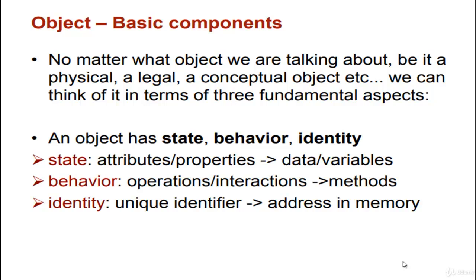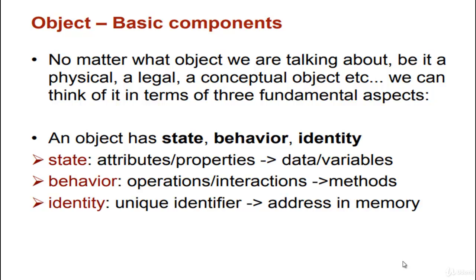So let's see those aspects. An object has state, behavior, and identity. So this is really important. The object has state, behavior, and identity.